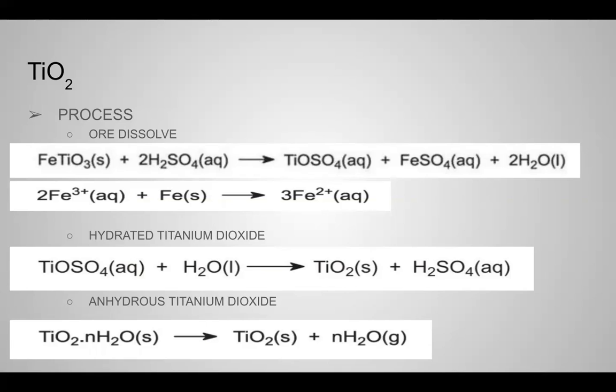Before it can be extracted, the iron ions have to be removed so it allows it to get a pure white color.